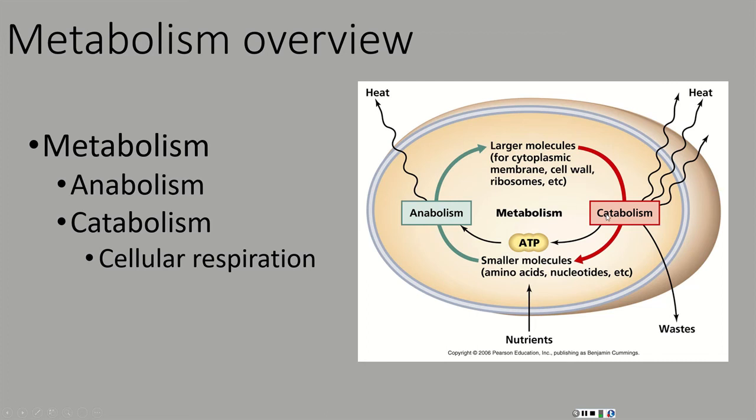But the other energy is going to be stored as ATP. And then the ATP can be used to take these smaller molecules and build something bigger from them. But again, it's inefficient, so some energy is lost as heat. And now we're back. So anabolism and catabolism together are metabolism.